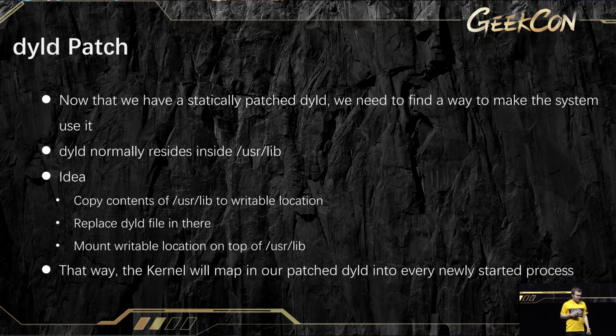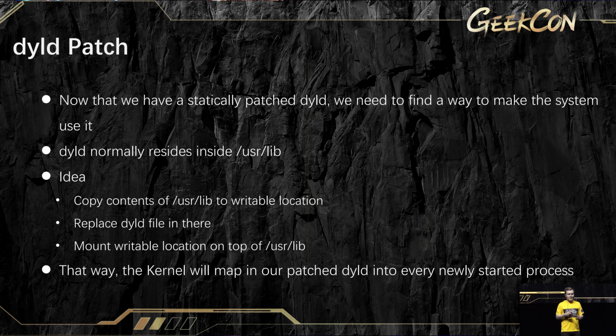Normally the stock dyld is inside usr/lib. This is a read-only path, so we cannot just replace it. Also, if we could replace it, that's very dangerous and could cause boot loops if we don't have persistence. So the idea is to just modify this path just for the current boot.